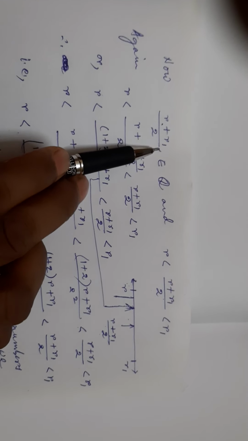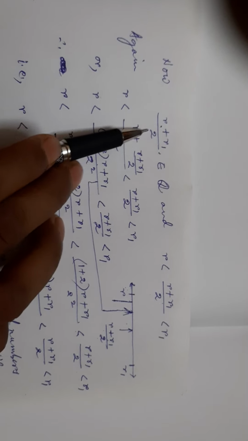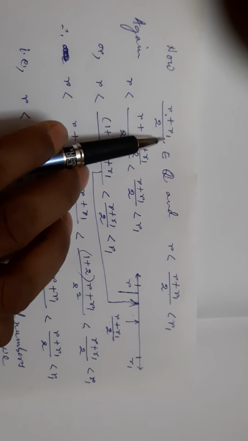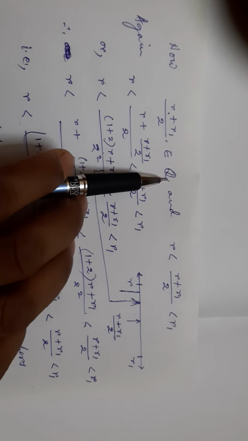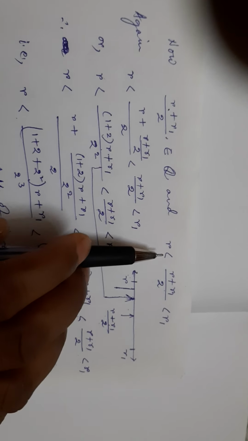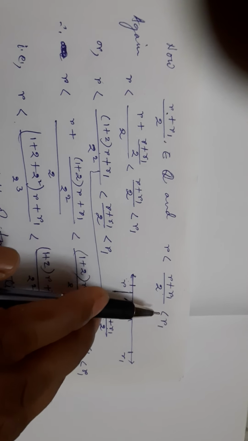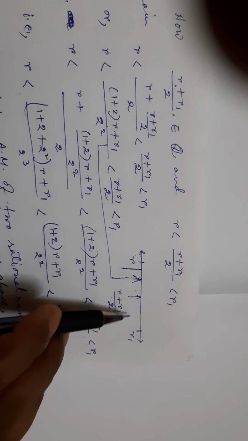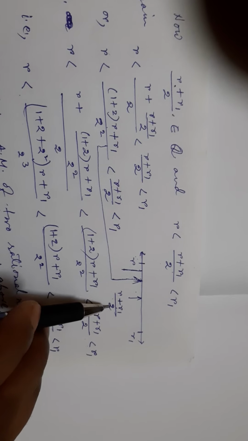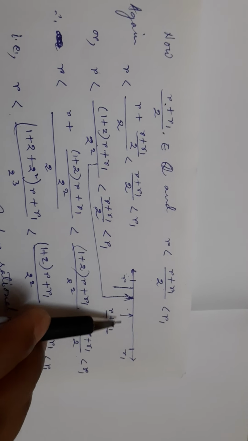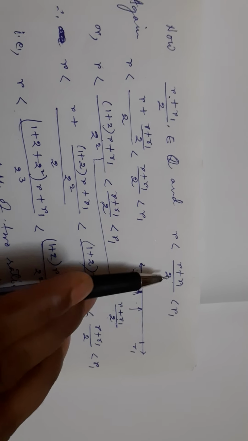Now r and r1 are two rational numbers, so their arithmetic mean is also a rational number, and we know that (r + r1)/2 will lie between r and r1. So on this line, (r + r1)/2 will be in between r and r1. Now we use the same technique.